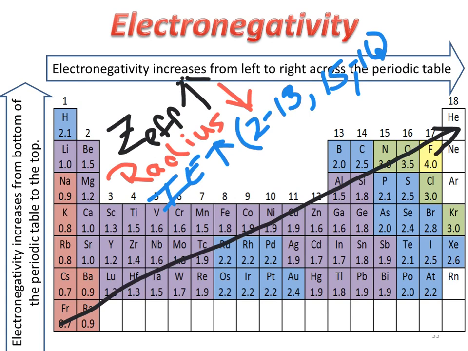Following ionization energy, we had electron affinity. It goes up as you go up the table and across, but it also showed anomalies. The anomalies were between groups 1 and 2, and then 14 and 15.